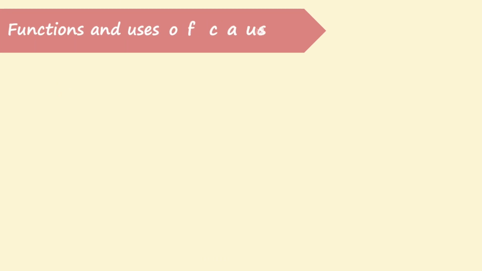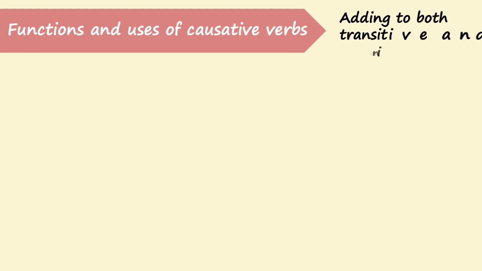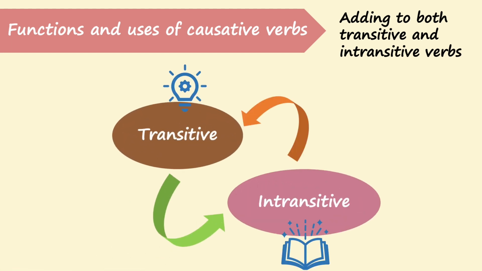Having learned the complex endings of the causative voice, you should know about the functions and uses of causative verbs. Causative suffixes can be added to both transitive and intransitive verbs. Within a sentence, it changes a transitive verb to an intransitive and vice versa.